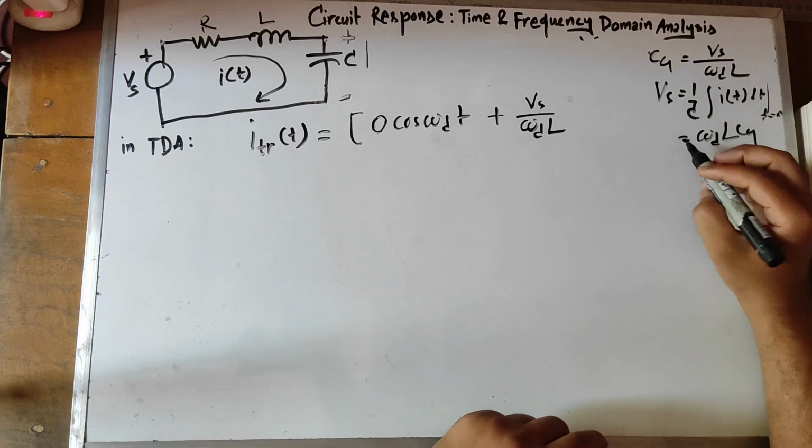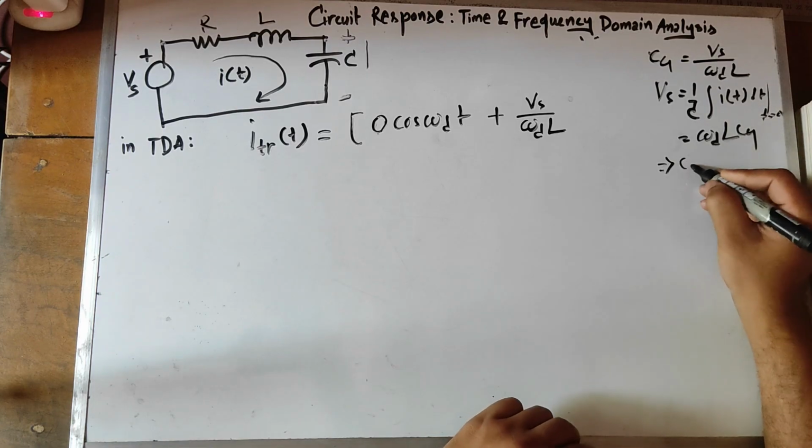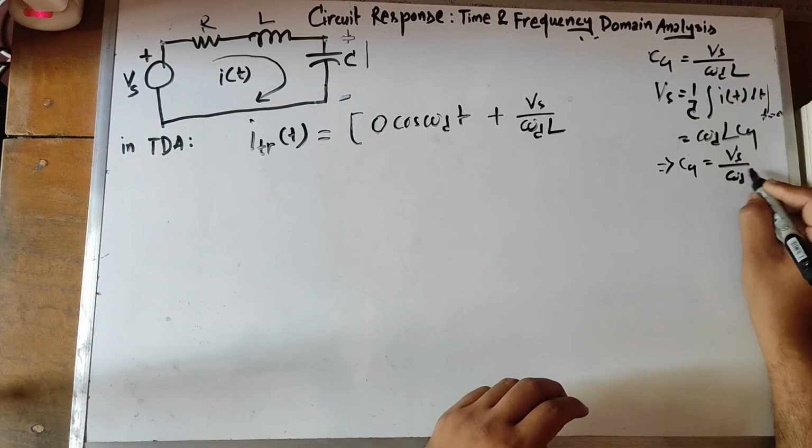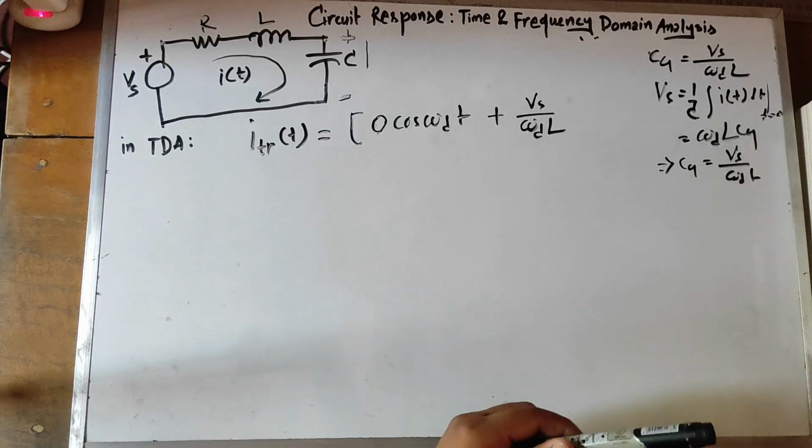This is the basic derivation. I had forgotten to tell you. So c4 is Vs by omega dl.